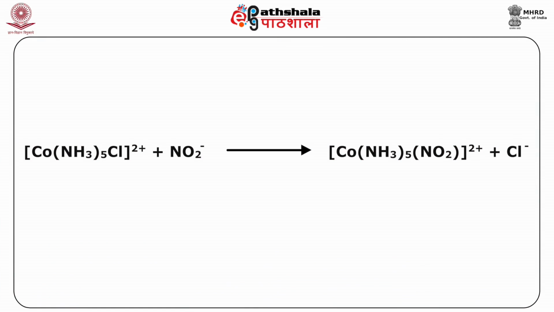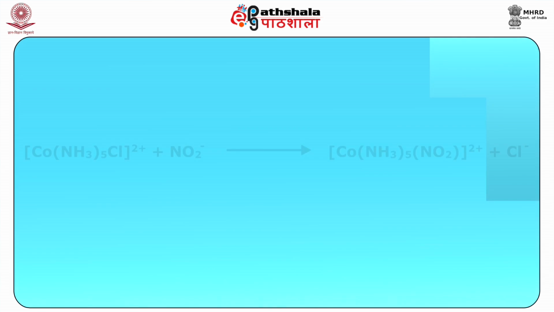[Co(NH3)5Cl]2+ plus NO2− will produce [Co(NH3)5NO2]2+ plus Cl−, but this is not an example of a simple substitution type reaction. It is a reaction in which metal-ligand cleavage has not taken place, but in between a cobalt-OH2 molecule has formed, and this intermediate is used to form another complex, [Co(NH3)5NO2]2+.